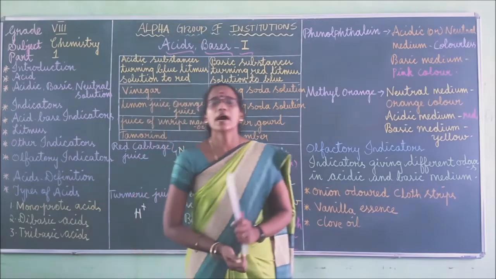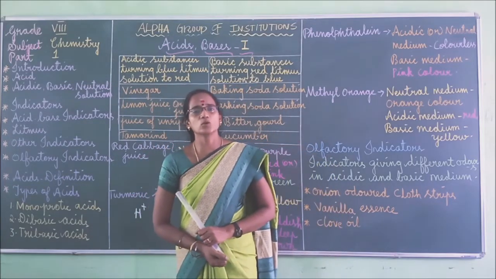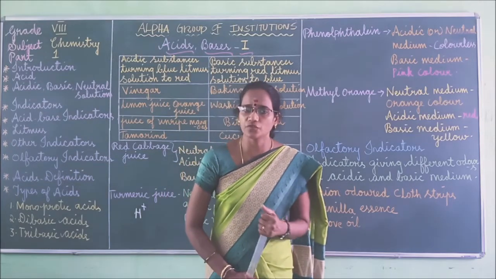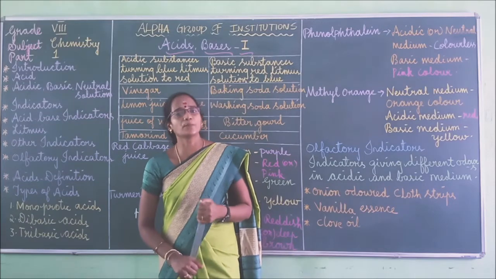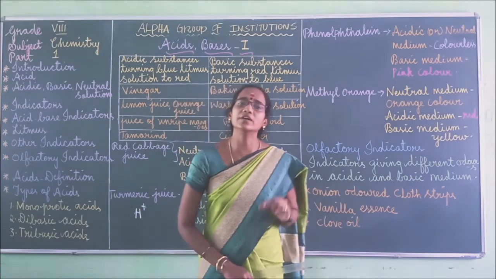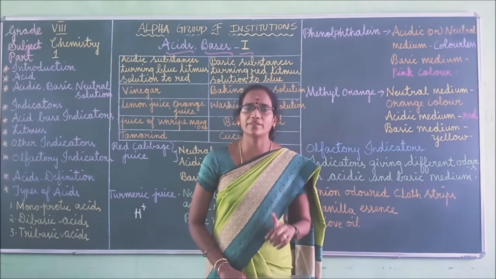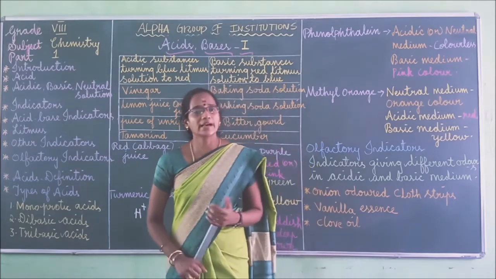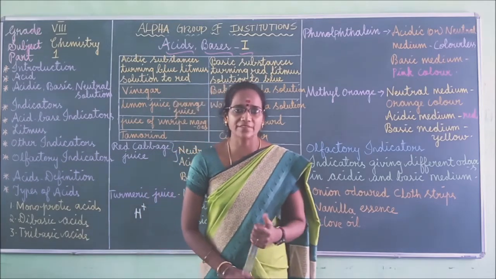In acidic solution, the pH range will be less than 7. pH means power of hydrogen. At the end of this topic, you will learn in detail about pH. In acidic solution, the pH range will be less than 7, right?